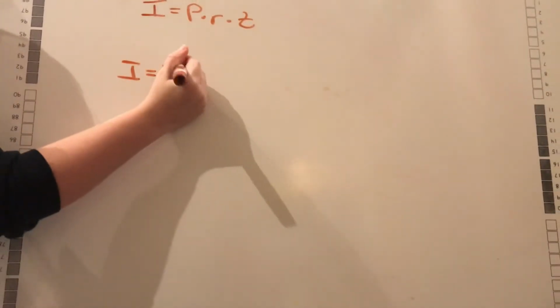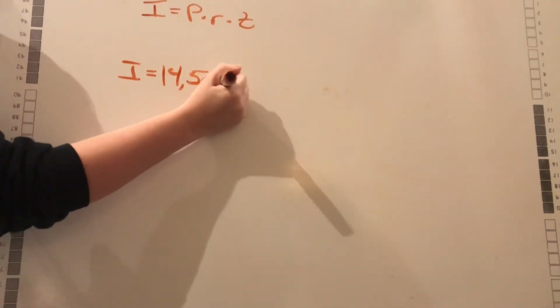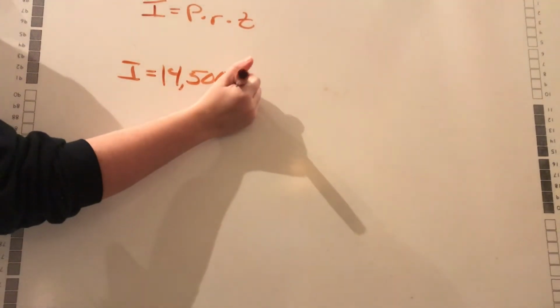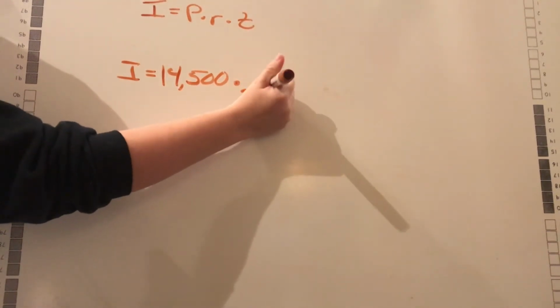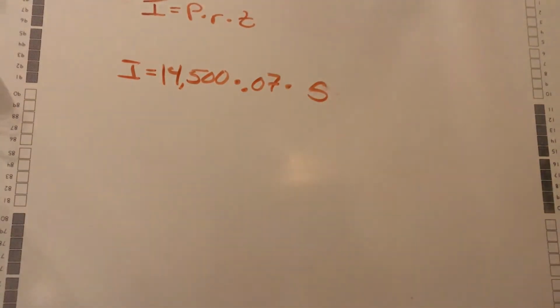So, we're trying to find I. We know that his principal is $14,500, sorry. His rate was 7%, so we're going to multiply that by 0.07, and over time was 5. So at this point, you should be able to use a calculator for this.